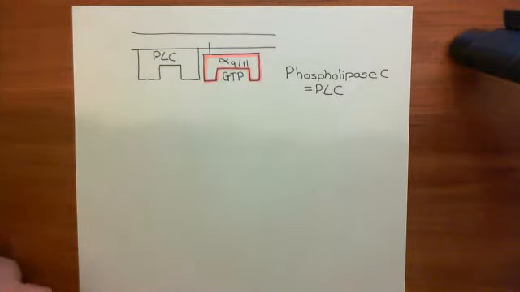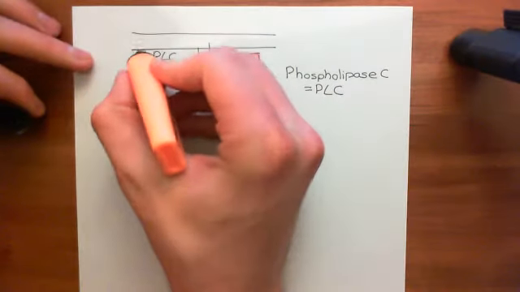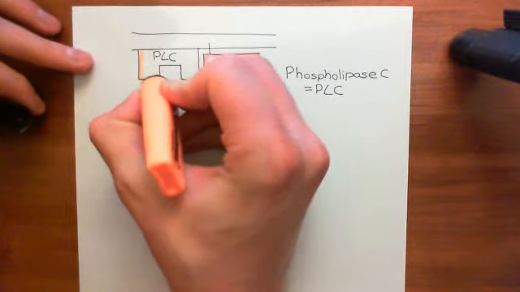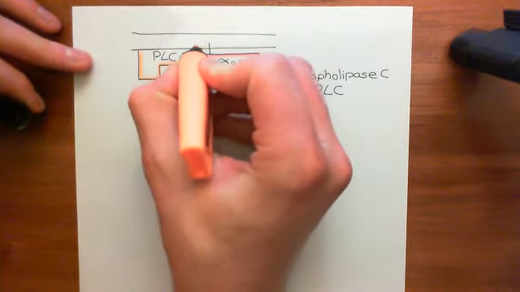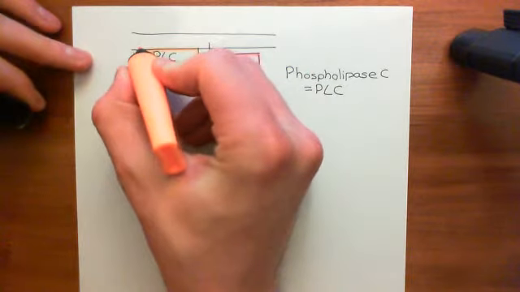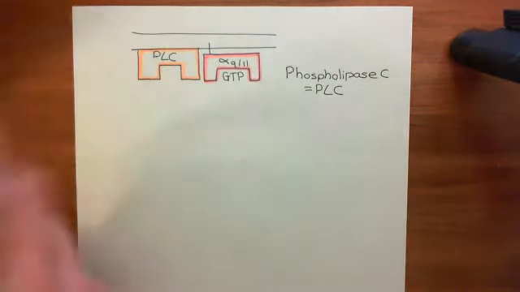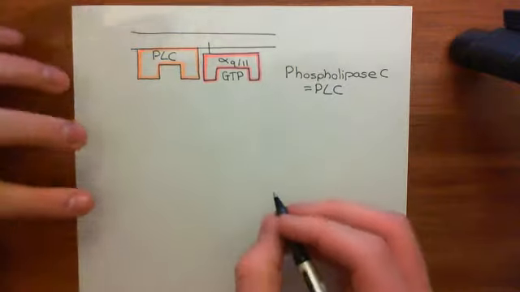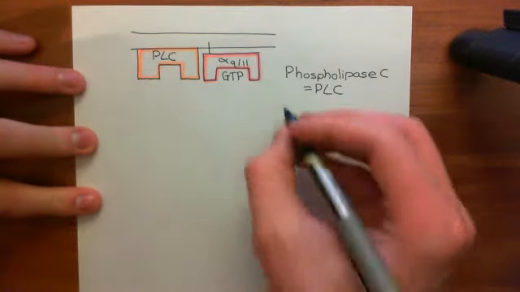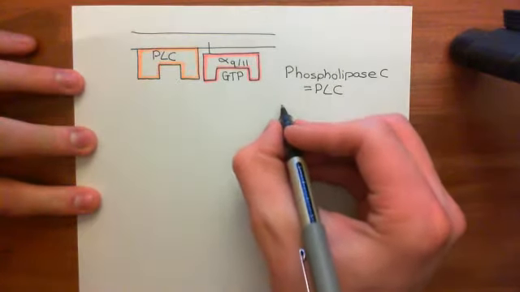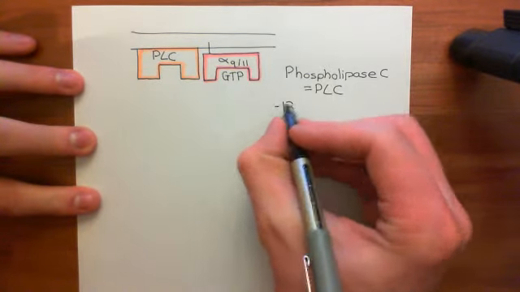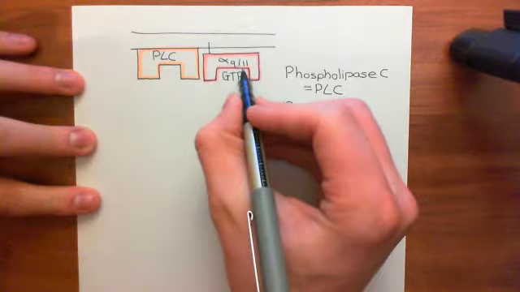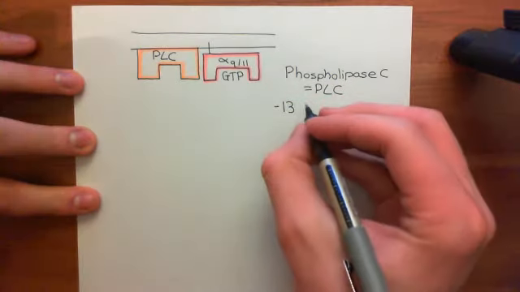Right. So there are many different types of phospholipase C enzymes. Okay, there are actually 13 different types of phospholipase C. Now, not all of them are activated by alpha q/11 GTP. So let's discuss the 13 different types of phospholipase C and which types are actually activated by alpha q/11 GTP subunits.